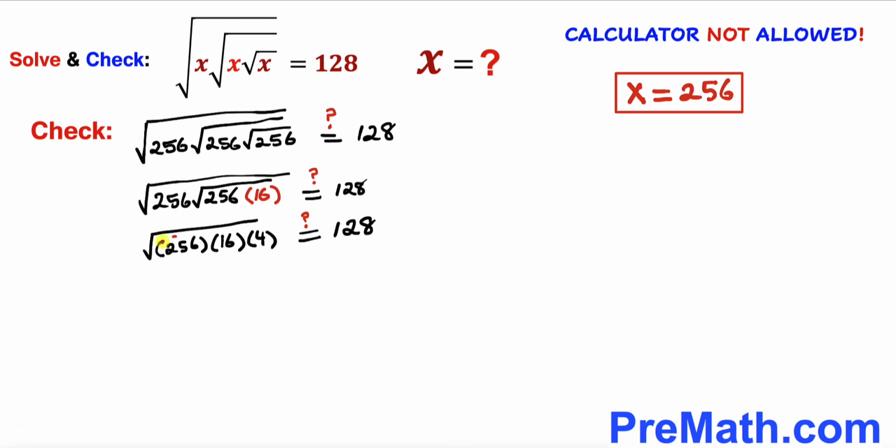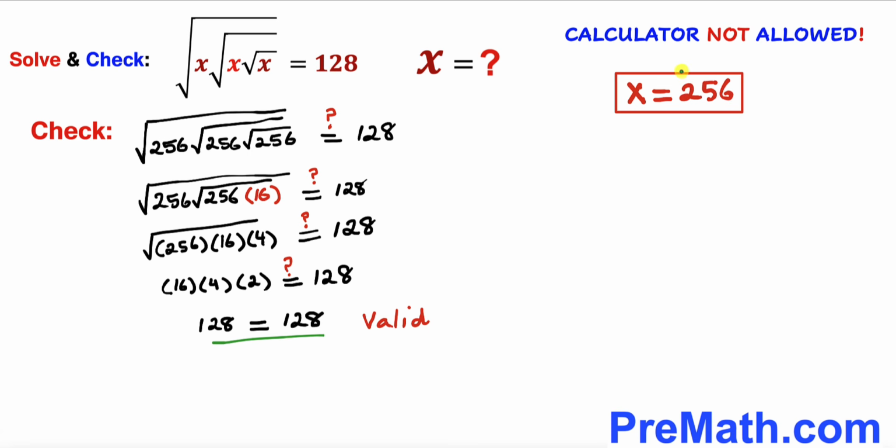The square root of 256 is 16, the square root of 16 is 4, and the square root of 4 is simply 2. So if we multiply the left hand side, we indeed get 128, which equals the right hand side as well. So this is a true statement.